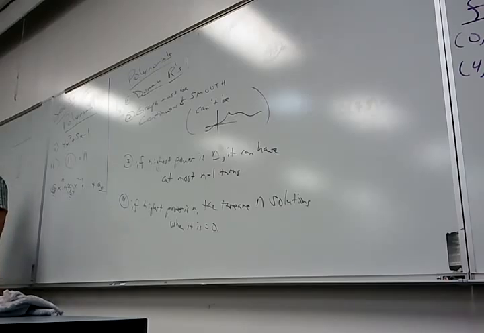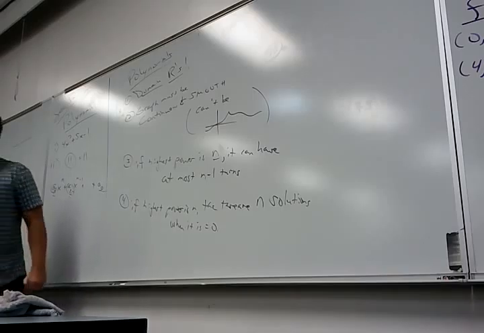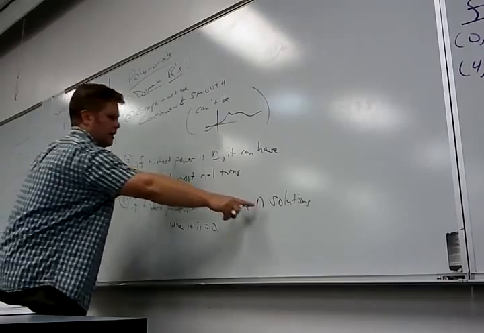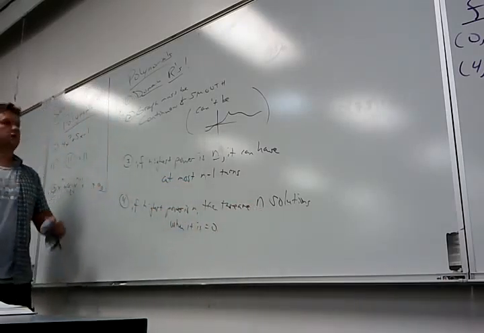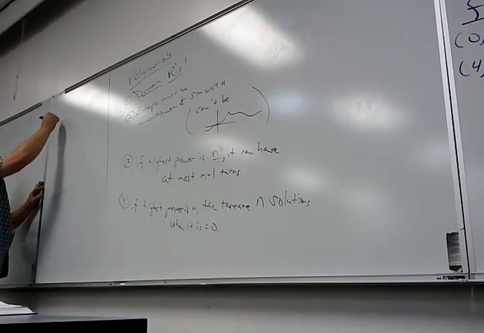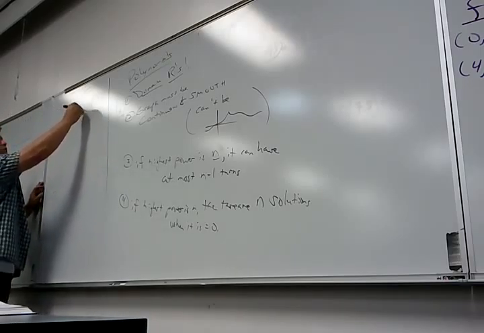So we're going to focus on the real for now, and the complex is coming up soon. How are we doing? If the highest power is n, then there are n solutions when it is equal to 0. So for example, x squared minus 4x plus 3 equals 0.